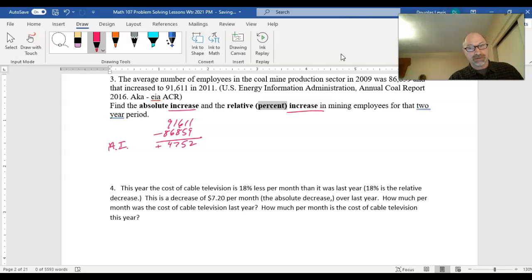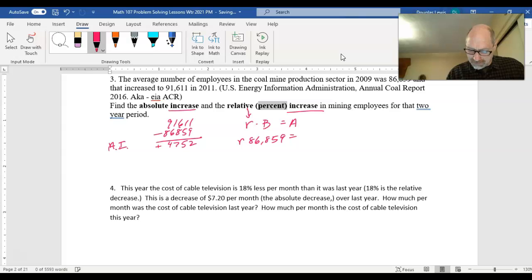Well, the percent increase would be based on, now this is kind of an interesting thing to pay attention to here. The increase is always based on the previous amount. So the base of this, if you remember, we have the rate times the base is equal to the amount. The rate, that is the relative increase that we don't know. But the base, also known as the before amount, was 86,859.